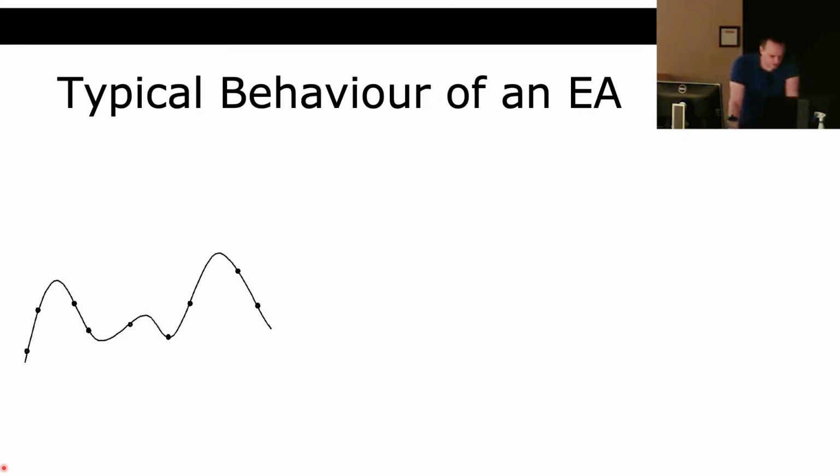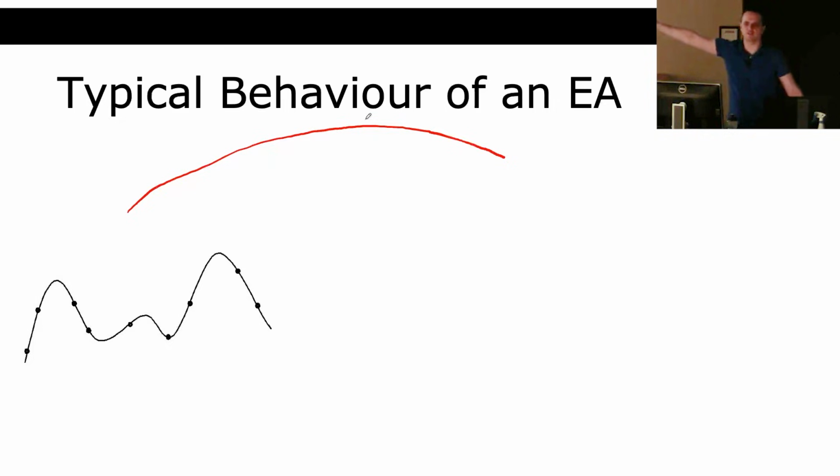A convex optimization problem is one in which there is a single global maximum, and not only a single global maximum, but a single local maximum. That means that as long as you're constantly making progress, you are guaranteed to eventually find that local maximum, which is also the global maximum.